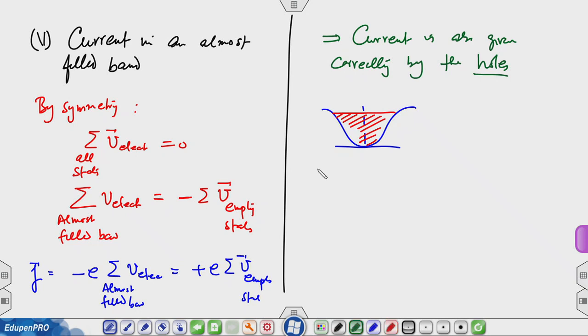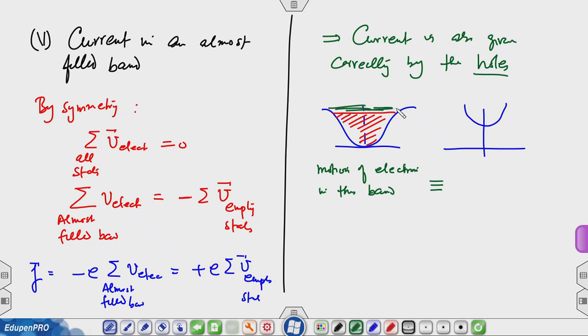So, motion of electron in this band is equivalent to, and I will shift the whole thing now down. I will make this state like this. These are these empty states. So, let me show them by green. They are like the whole states. These are holes.